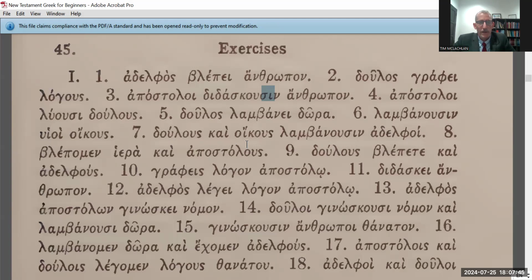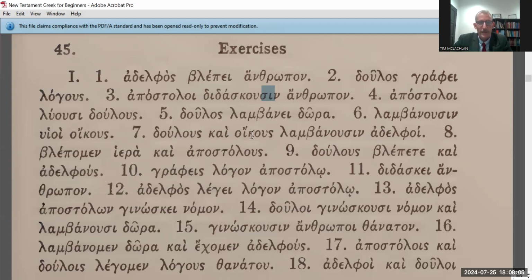Dulus kai oikus lambanusen adelphoi. Now the sentences are going to get a little more complex here. In this case you have dulus. Now that's in the accusative. That means that these are the people that are receiving the action. So you have to look around for the subject. Where's the subject?